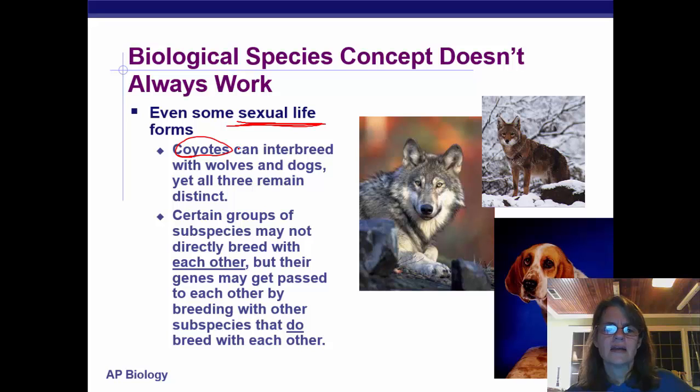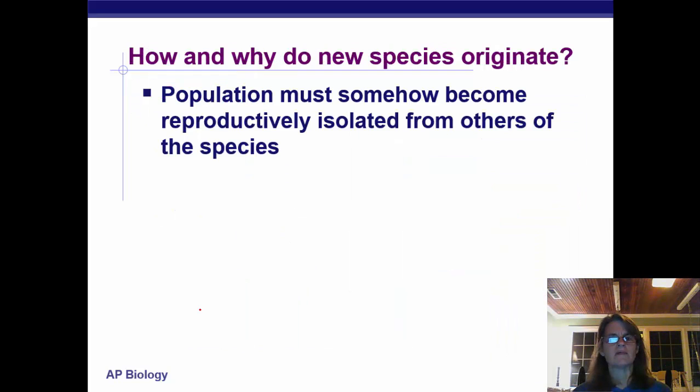Coyotes can interbreed with wolves and with dogs, yet we consider all three distinct species, okay? Certain subspecies within a given species may not directly breed with each other, but their genes can get passed around because they breed with other subspecies that do breed with each other. So it's a very muddy place to be when we're talking about species, okay?